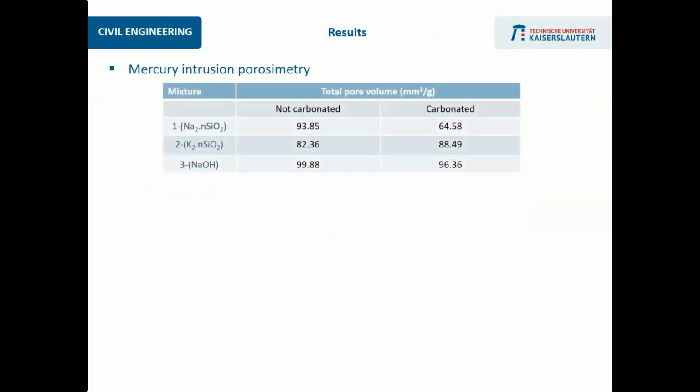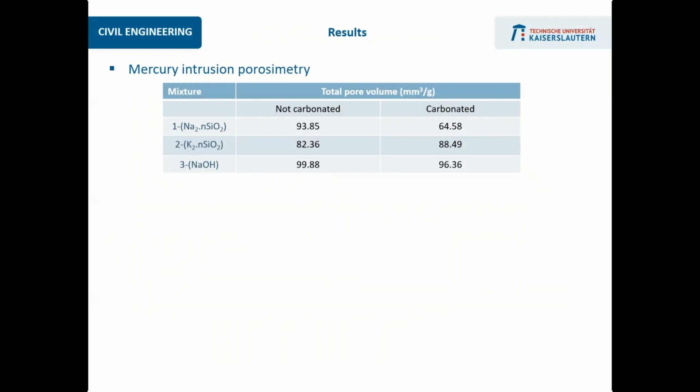In this table, I have brought the results of total pore volume of the first three mixtures, including sodium silicate, potassium silicate, and sodium hydroxide, in order to compare the effect of carbonation on the porosity of the matrices which were activated by each type of activator separately.